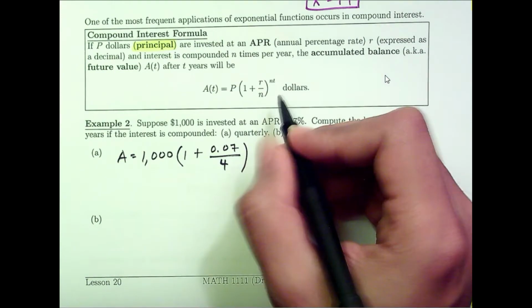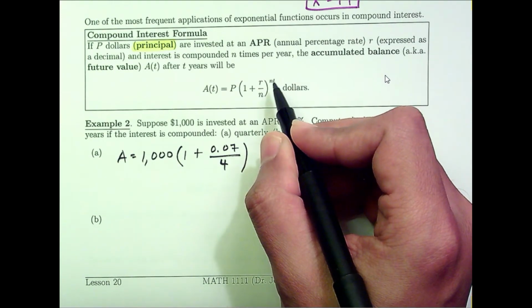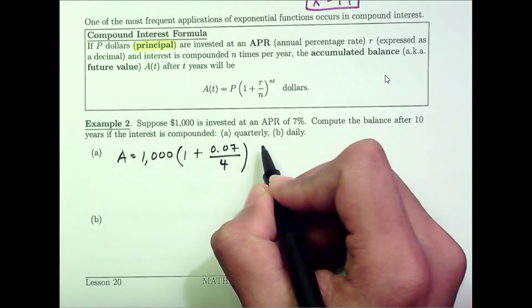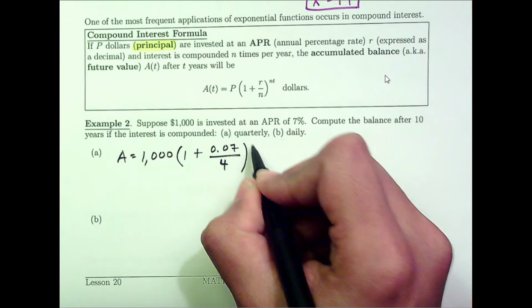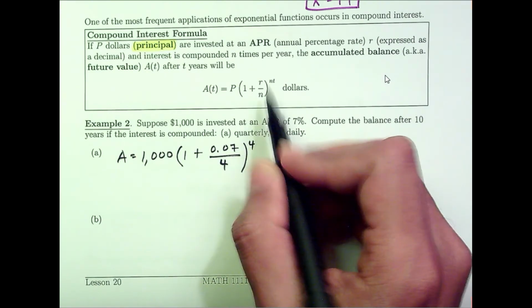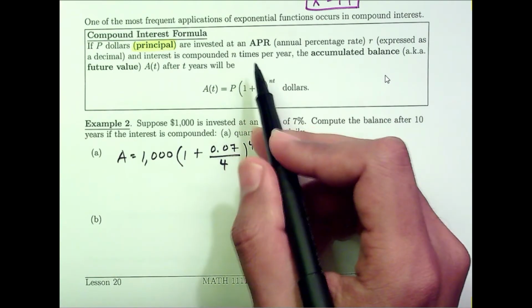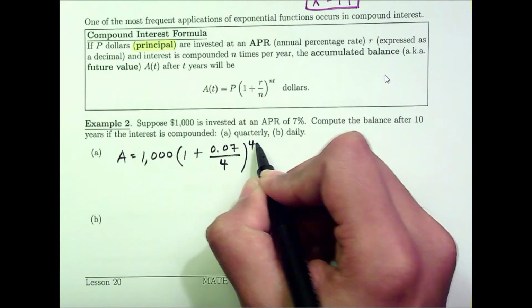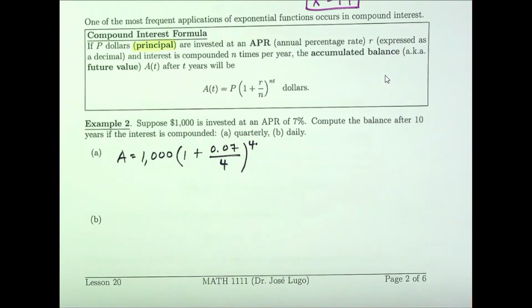And then the exponent is nt. So that means n times t. So n, we just said n equals 4. N is the number of times in a year. And then times, I'm going to put a dot meaning times, not a decimal, times time.